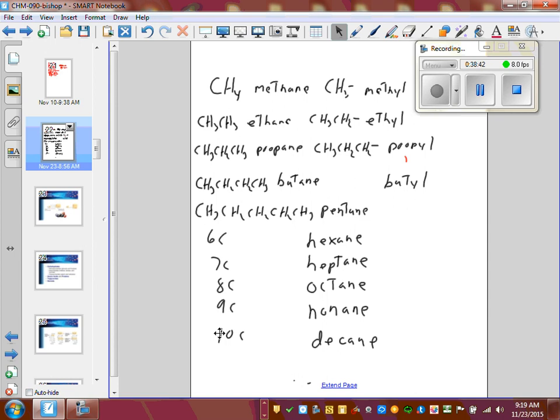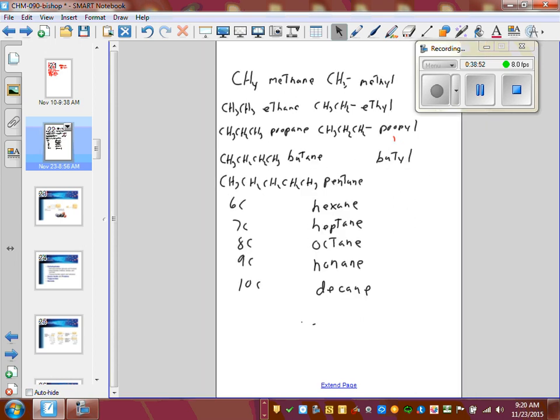Yes? What is the iso in isopropyl alcohol? Isopropyl alcohol, since you asked. If I draw three carbons, propyl means propane, three carbons.